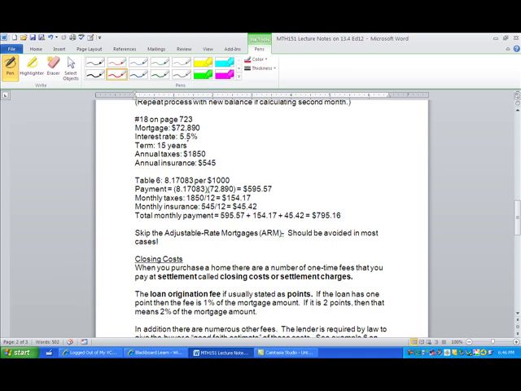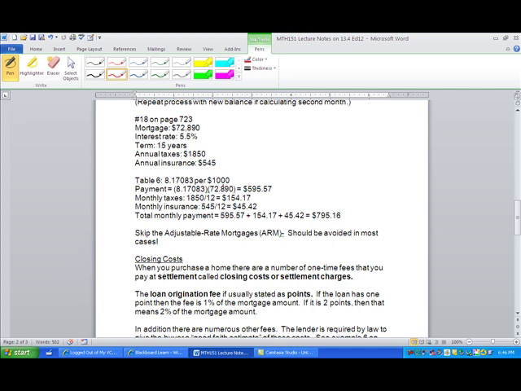The term is 15 years, so you want to go down on the left till you find 15 years and then go across on the top to 5.5%. Okay, the table figure is 8.17083 per $1,000.